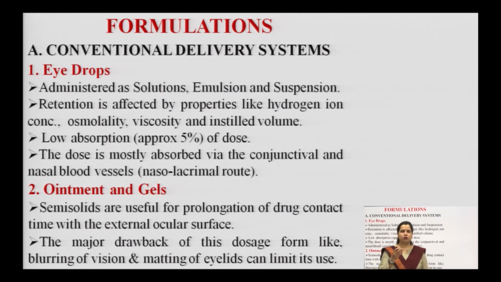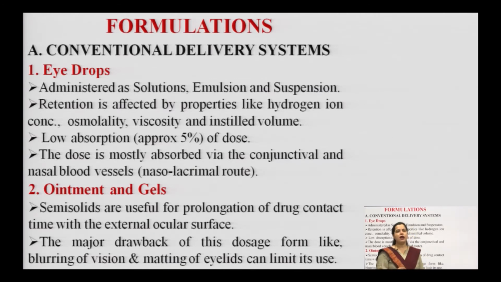So, only 5% of the drug is available to the eye region, which shows the effect. The dose is mostly absorbed via the conjunctival and nasal blood vessels, that means the nasolacrimal route. The drainage happens when instilled as an eye drop.